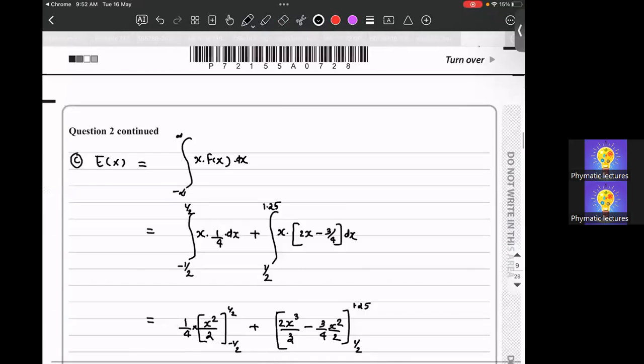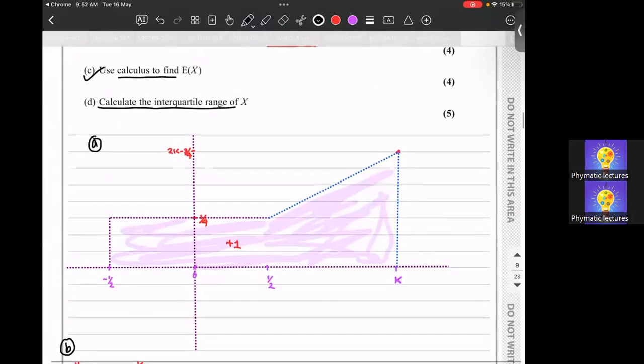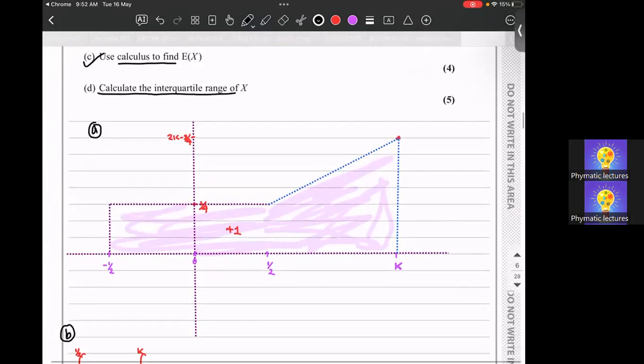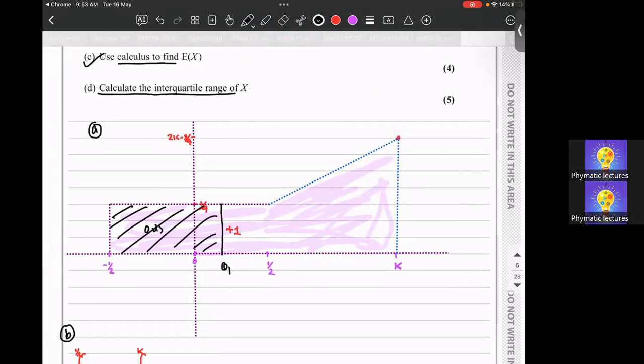See, come to the figure. So here we need to find what? The point at which the entire probability is 25% below. So if you want to find that, maybe somewhere here is our point Q1, such that, we don't know exactly, I'm just making it randomly, this is 0.25.